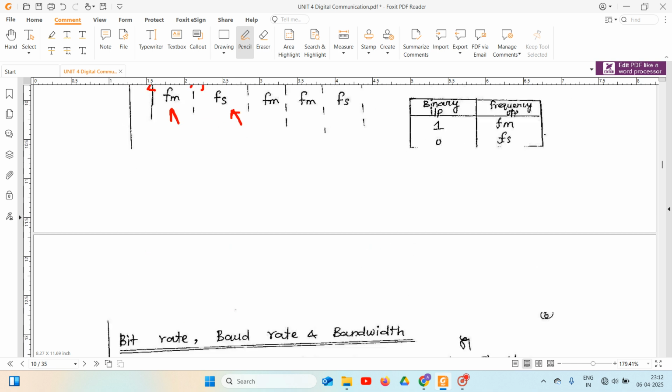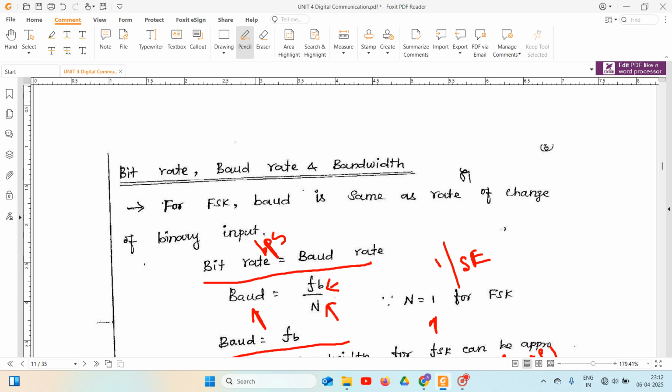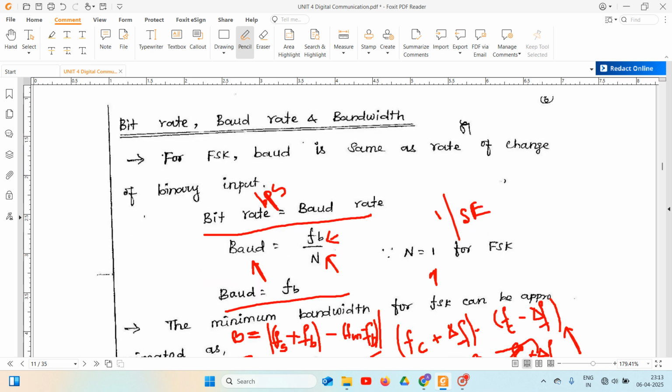So that's why the bit rate and baud rate remain the same. Baud is equal to FB divided by N, right? FB is my channel capacity, or we can also call it the minimum Nyquist frequency or bandwidth. FB divided by N, where N is the number of encoded bits per signaling element. Here I have taken N equal to 1, so the baud is also equal to FB.